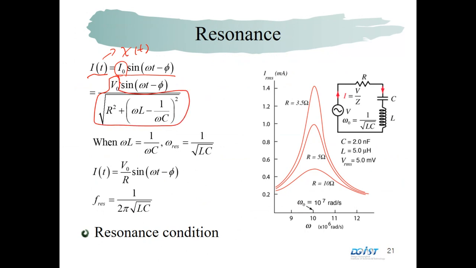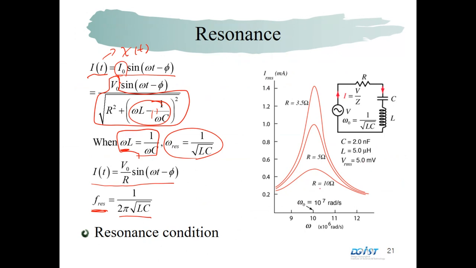That means when omega satisfies this relation, then we have a resonance, because this term is going to 0. So at the resonance, we have a simpler form, and in that case, the current can be maximized. So the resonance frequency will be given by this form.